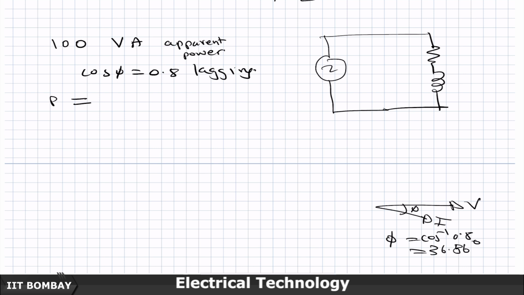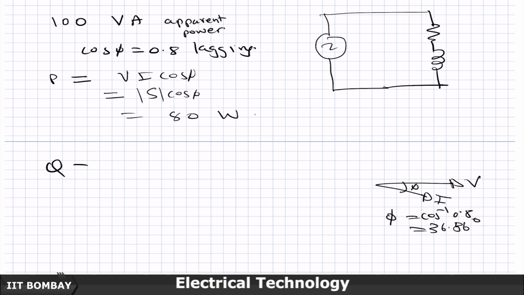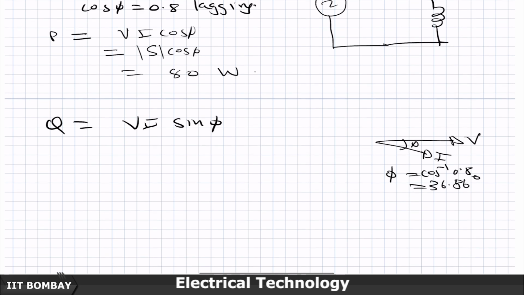So the average power P, now I am only showing it by capital P here, is going to be V I cos phi, but V into I is the magnitude of the apparent power S, so S cos phi is 80 watts, and the Q is positive in this case because the power factor is lagging.